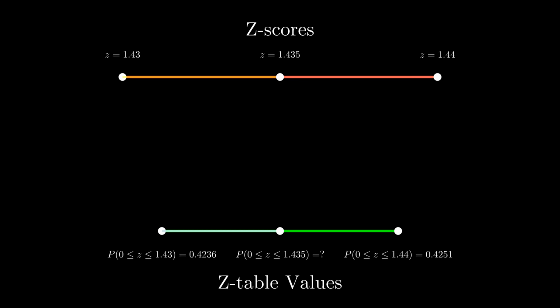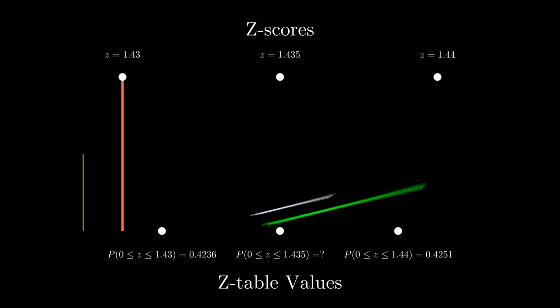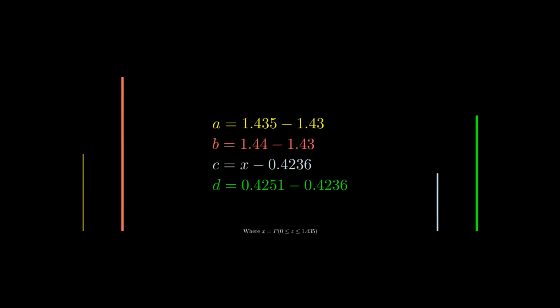So what is the corresponding value on the z table for that? To do that, we have to keep in mind the lengths of those segments, and from that we create ratios. So we label their lengths A, B, C, and D, where each of those lengths are subtractions of their endpoints, and X is the unknown probability located in the blue segment before.